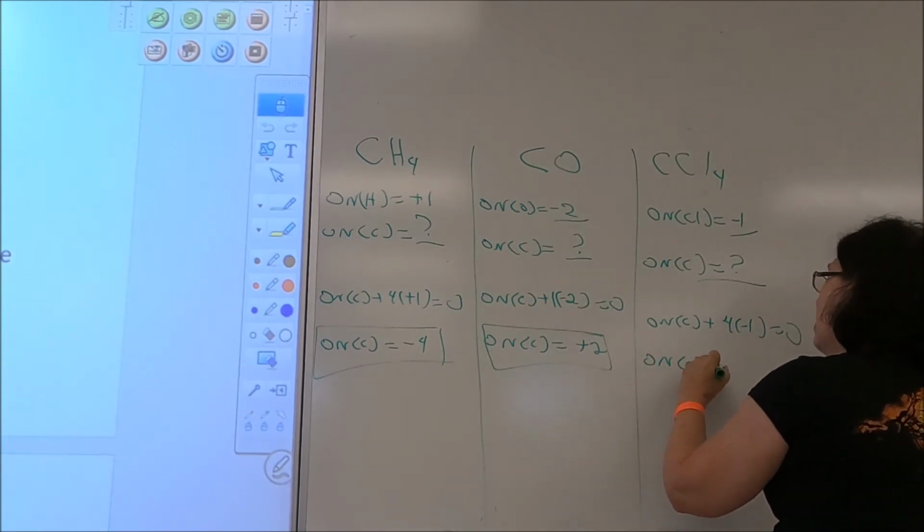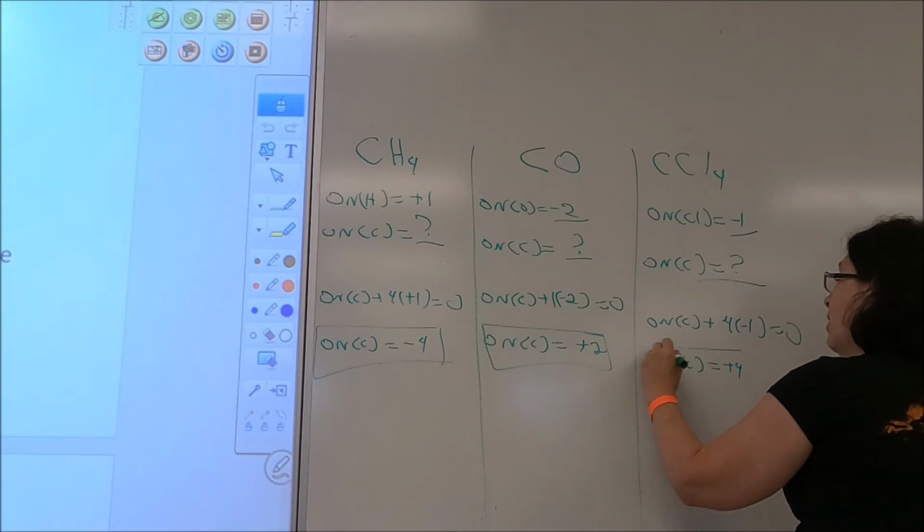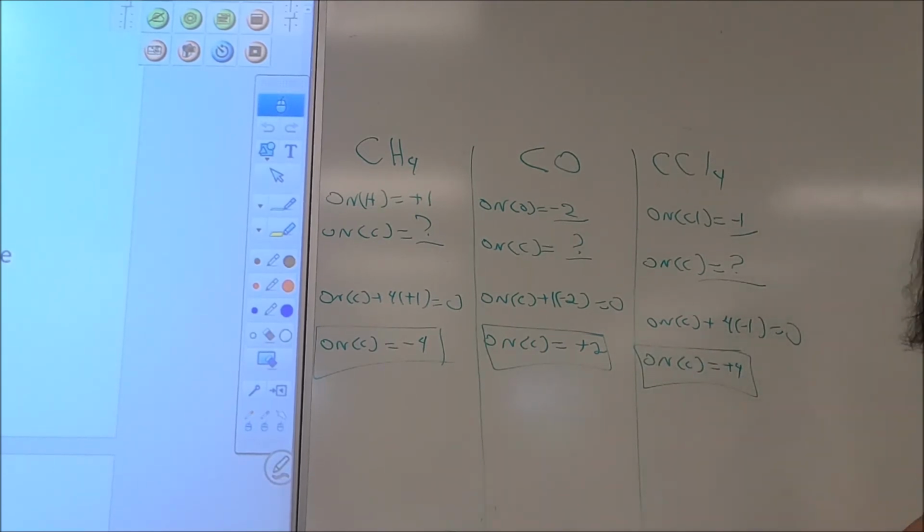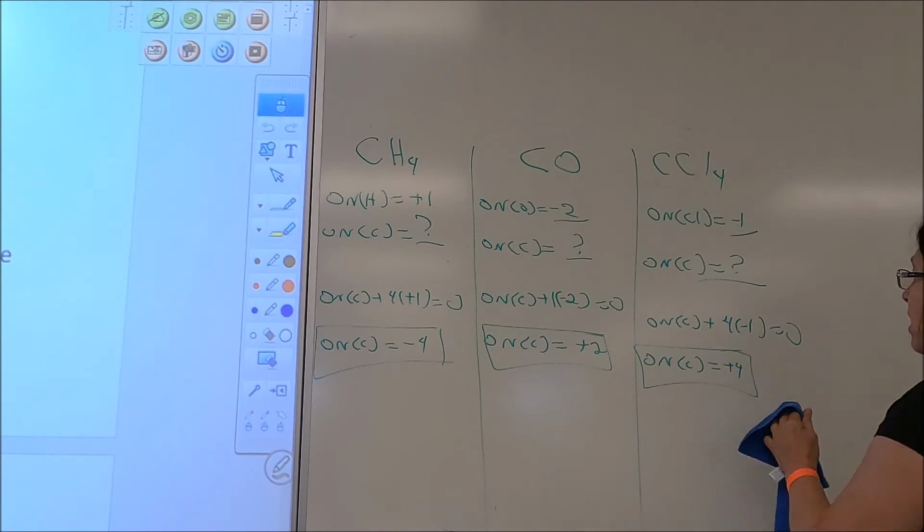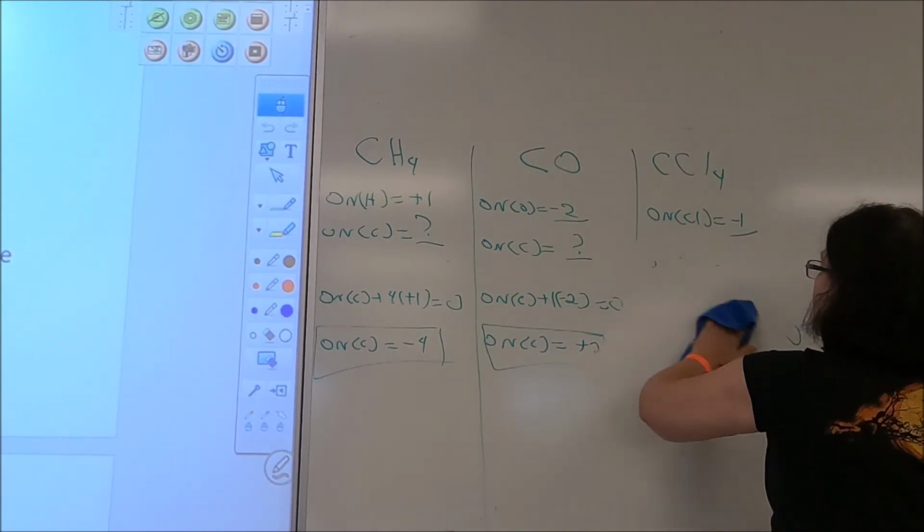So the oxidation number for carbon here has to be +4. The oxidation number for carbon in a compound can vary anywhere from -4 to +4, and yes, it could have an oxidation number of 0. Okay, so that's how we calculate oxidation numbers.